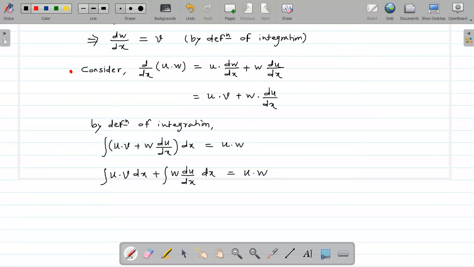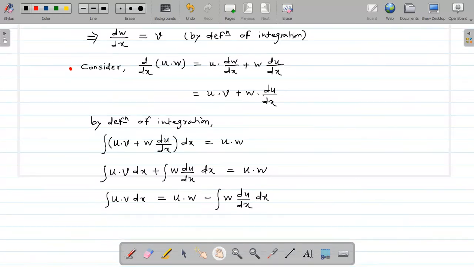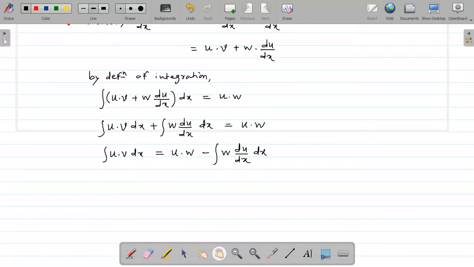It contains the integration of u into v dx. So keep that part on the left side and transfer the other term to the right hand side. The right hand side becomes u into w minus the integration of w into du by dx with respect to x. Just keep u into v dx on the left hand side.